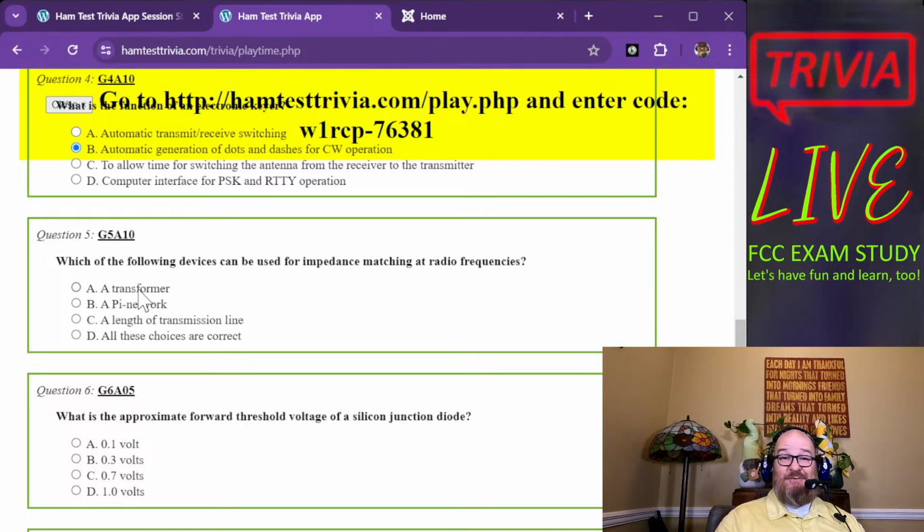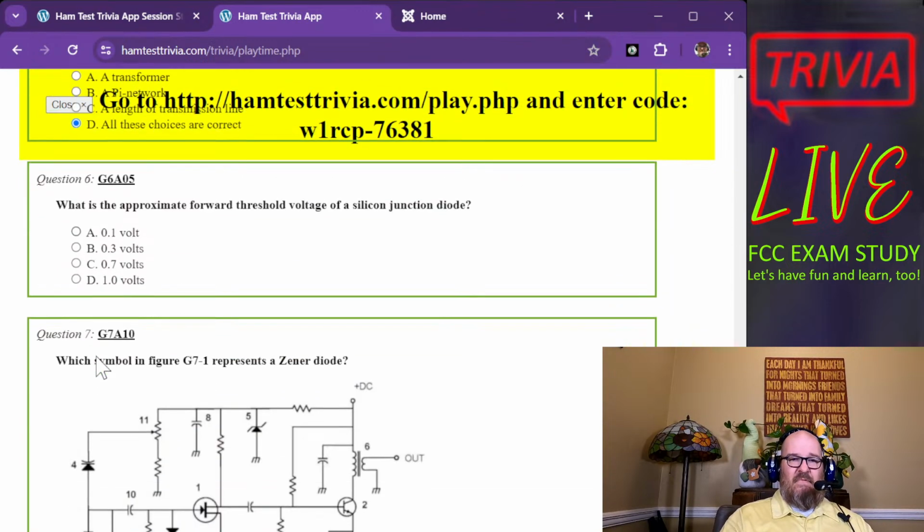Yes, a transformer. What's a balun? What's an unun? A pi network. A pi network looks like a pi, not an actual pi, but the pi symbol. It could be two capacitors and an inductor. And I have seen a length of transmission line, so I'm going to go with D on that one.